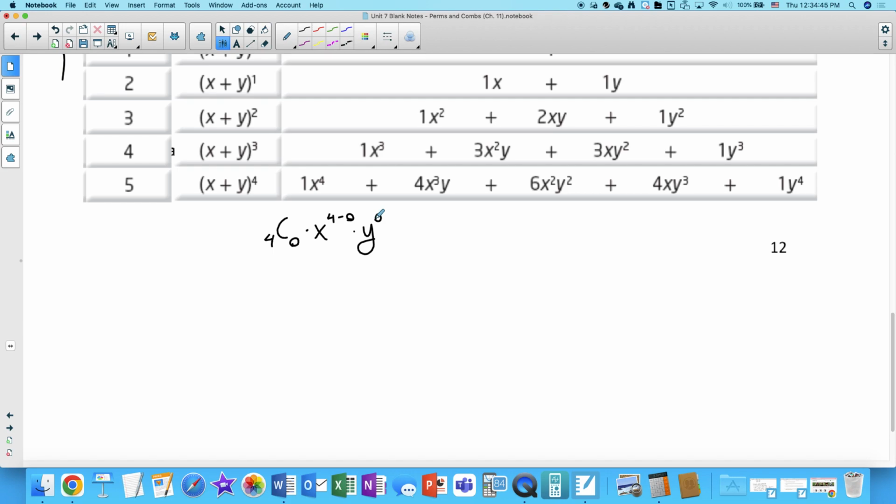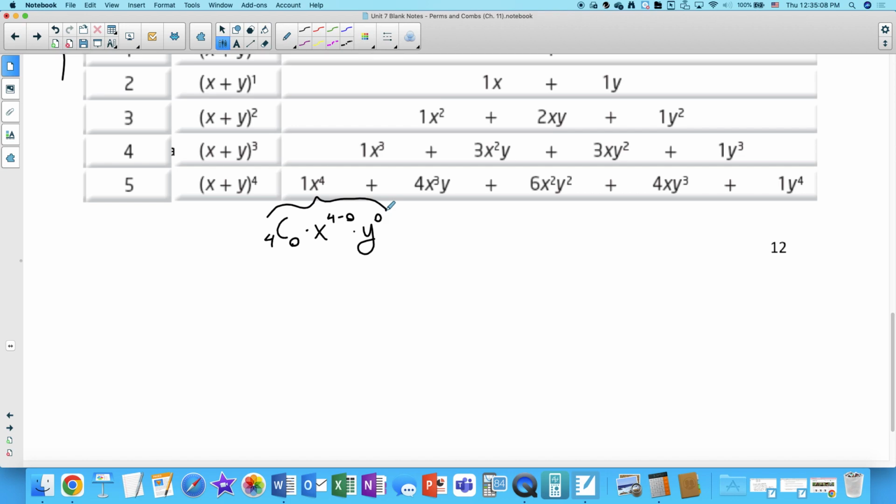Okay, that is this term. So the coefficient is 1, and 4 choose 0 is 1. Now you would never write it as x to the 4 minus 0 times y to the 0, but there is sort of a method to my madness.